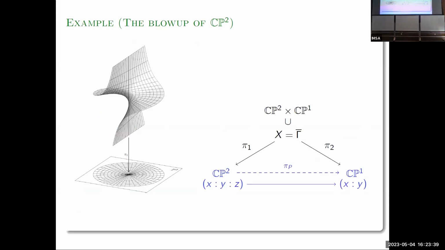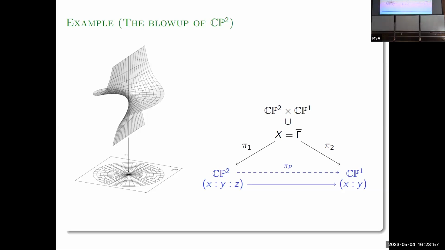More formally, what I can do is take a linear projection from CP2 to CP1, given by this formula, and take the closure of its graph. This is only not defined at the point from which you project.